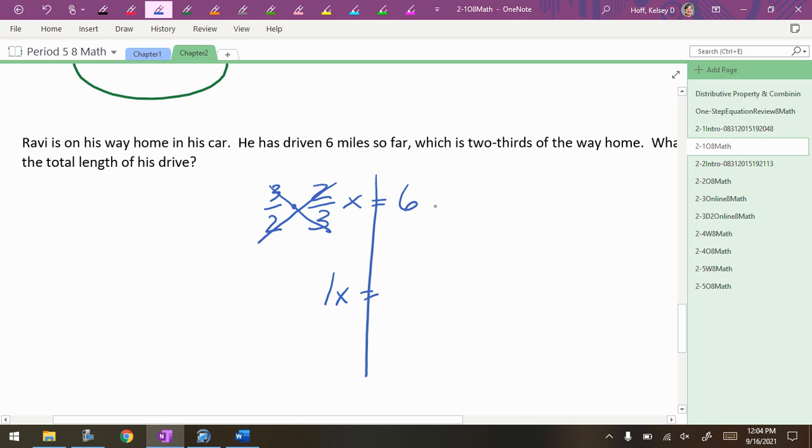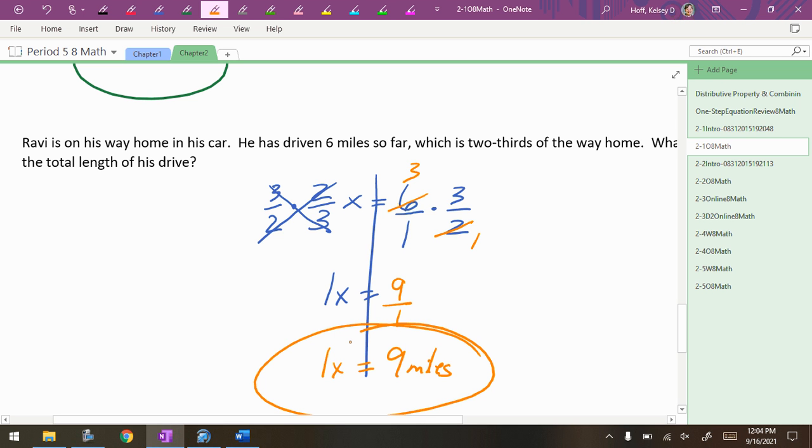Okay. And then you bring it over, and you put 6/1. Yep. And then 6 and 2 can go with each other. 6 would become a 3, 2 would become a 1. All right. You multiply 3 times 3, get 9/1, which really is 9 miles. Nicely done. Okay, here's the deal.